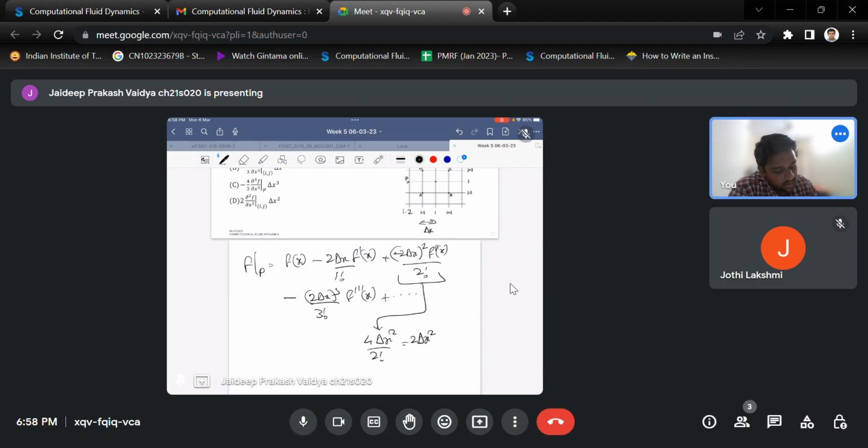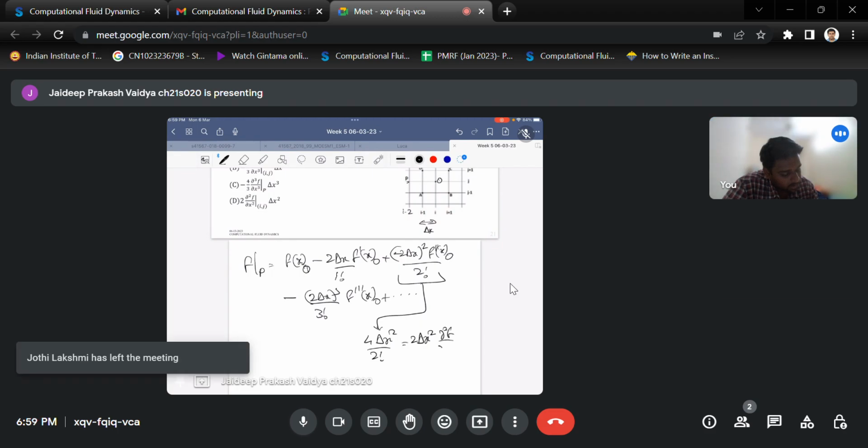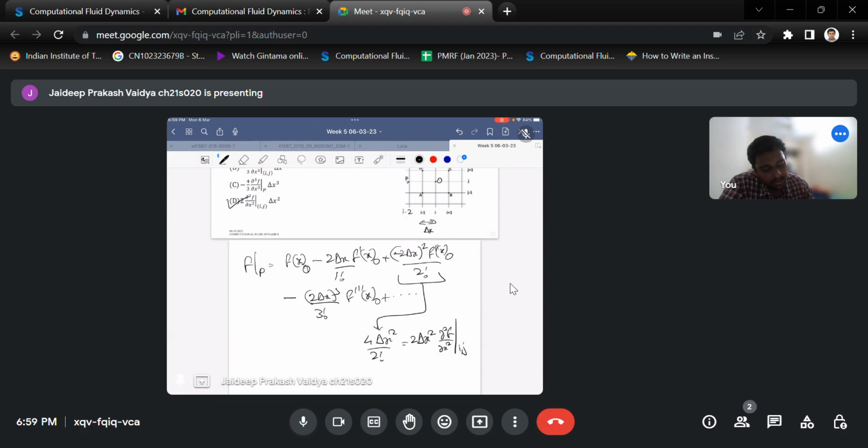Since we are expanding about the point P, we use the function value at the point i, j, or let's call this the origin O. So we have to use O everywhere. These function values are evaluated at f of x, not at f of P. So this finally reduces down to dou square f by dou x square at i comma j. So the correct option is option D.